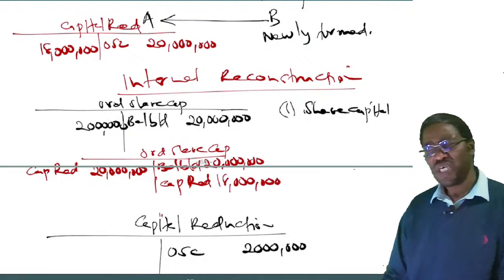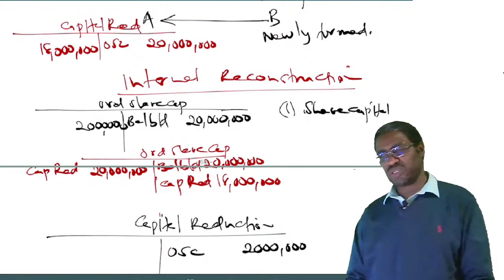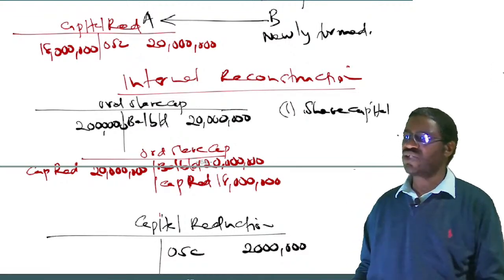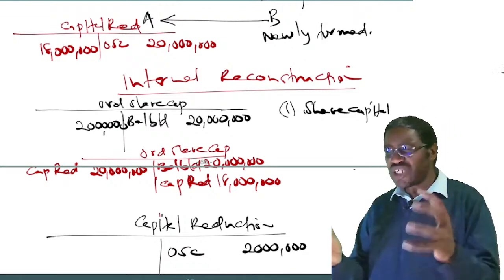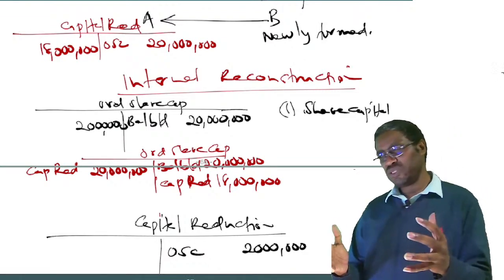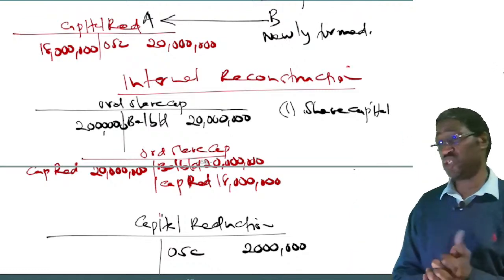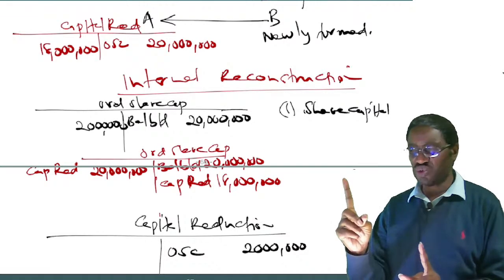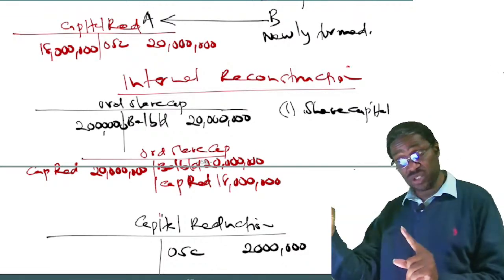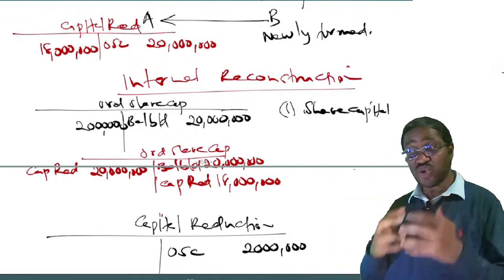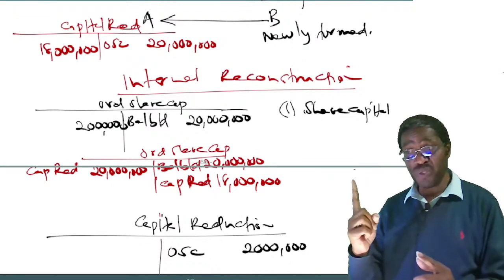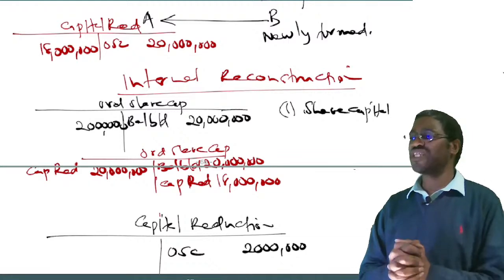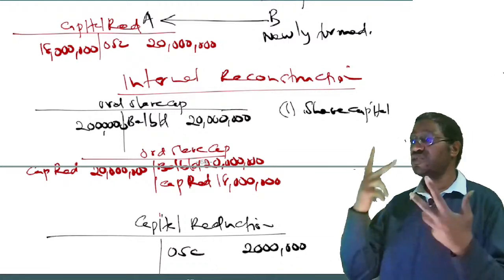Now, if you look at these two approaches, as far as capital is concerned, the first time I told you the ordinary shareholders were willing to write off 1 shilling per share. The company had 2 million shares of 10 each, so we took 2 million times 1 and got that the shareholders are willing to write off 2 million.